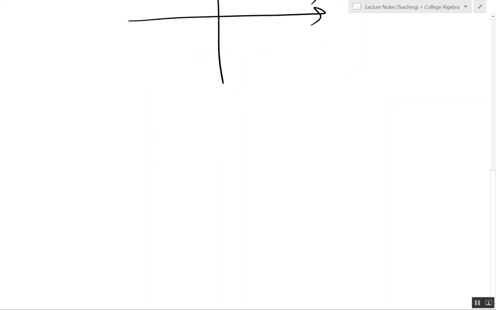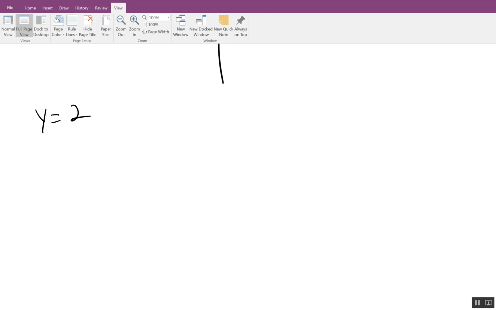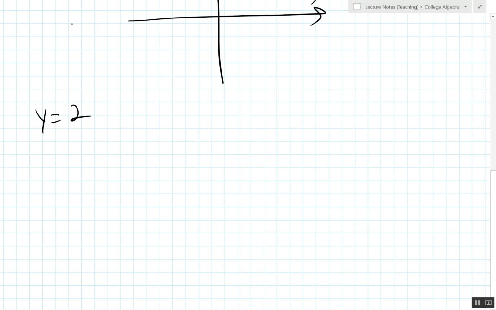So for example, if we have the equation y equals 2, let's draw this carefully now, since we actually have concrete numbers. Here's our graph, here's my x, here's my y, and let's say my scale is every 2 boxes this time is 1.